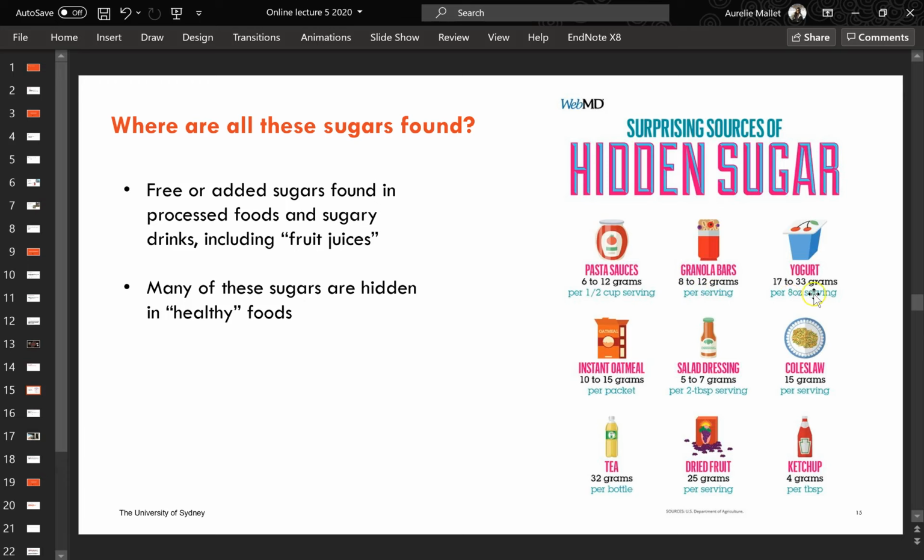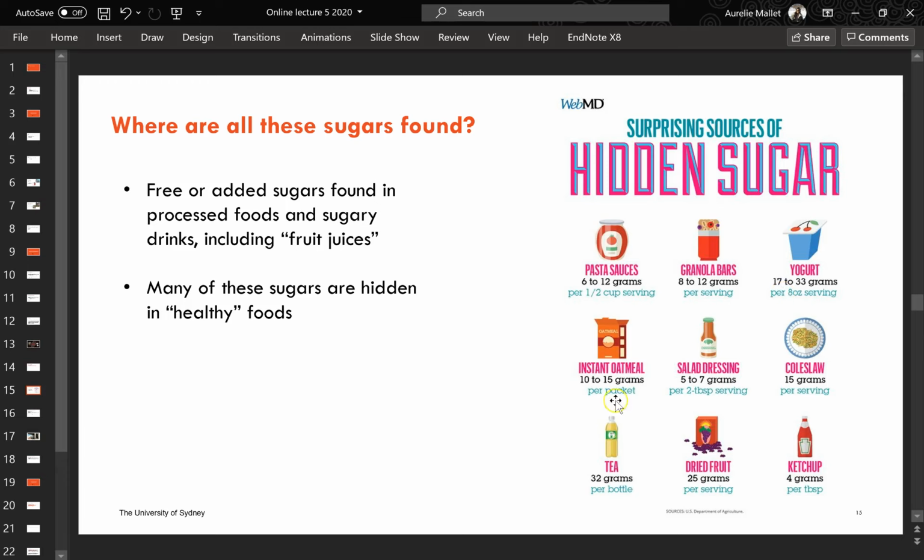And like I mentioned before, you can have yogurt that is good for you and yogurt that is not good for you. If you're eating plain Greek yogurt, that's a healthy option. But the flavored yogurts can contain a lot, a lot of sugar, like 8 or 9 teaspoons.